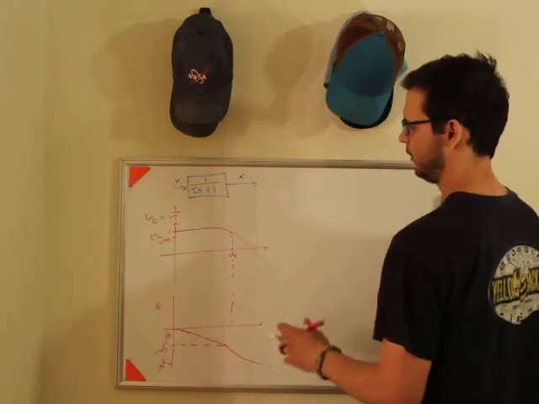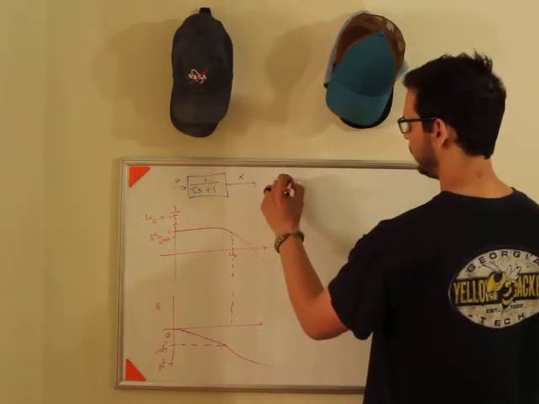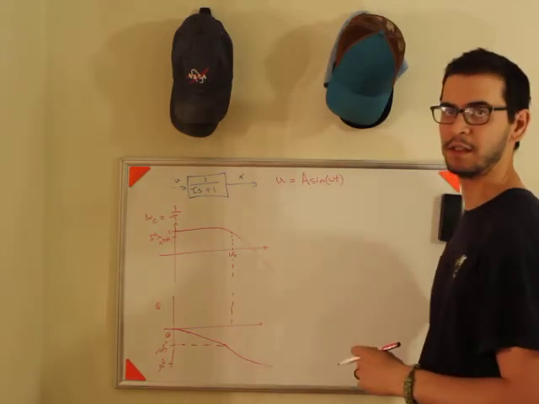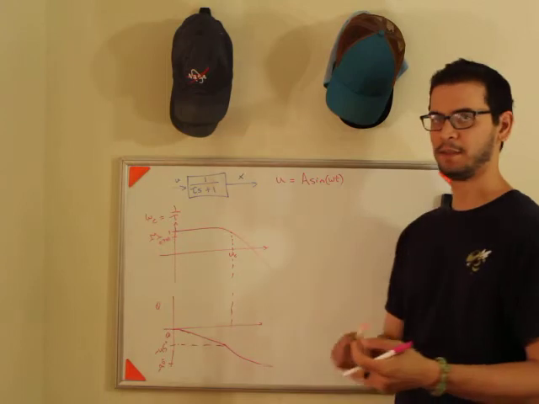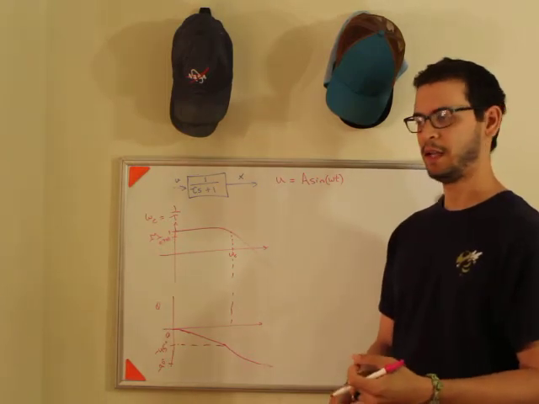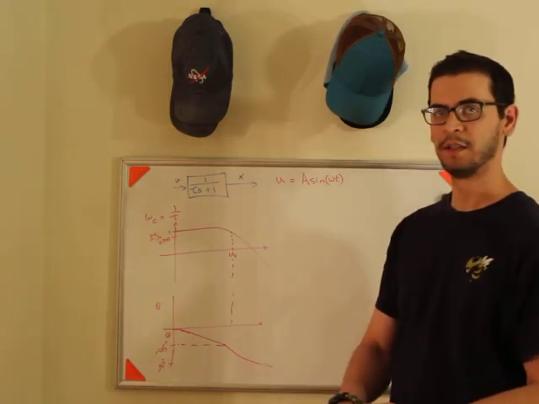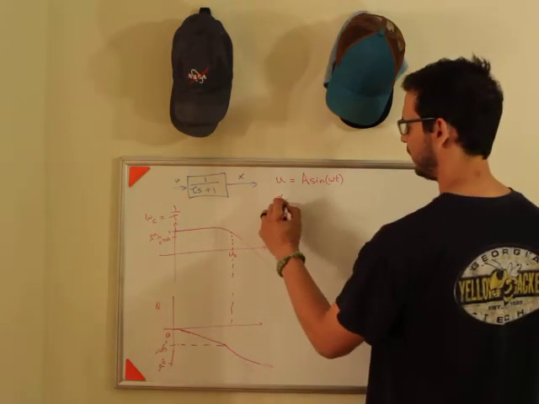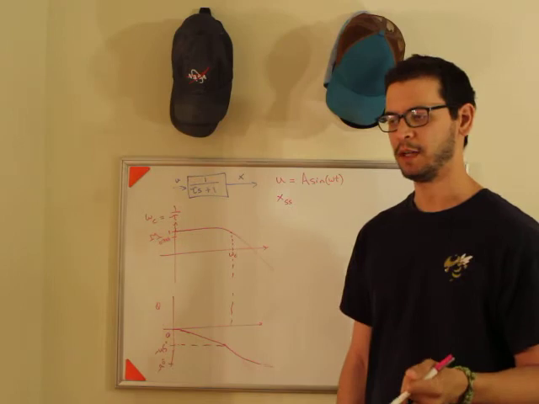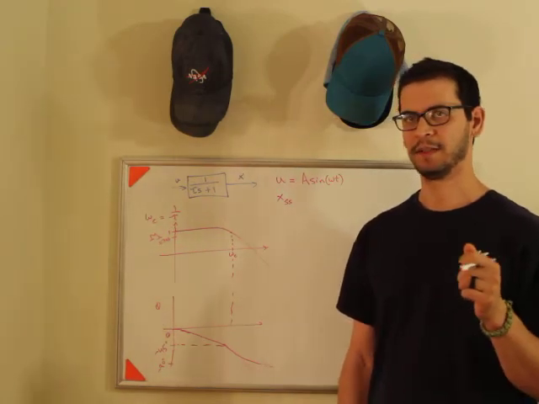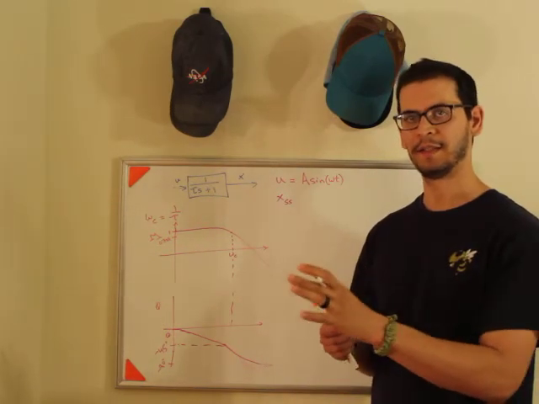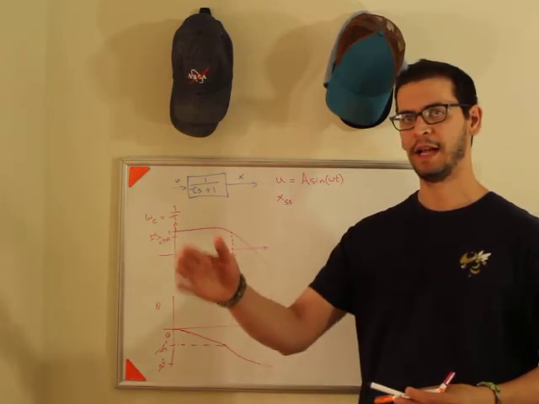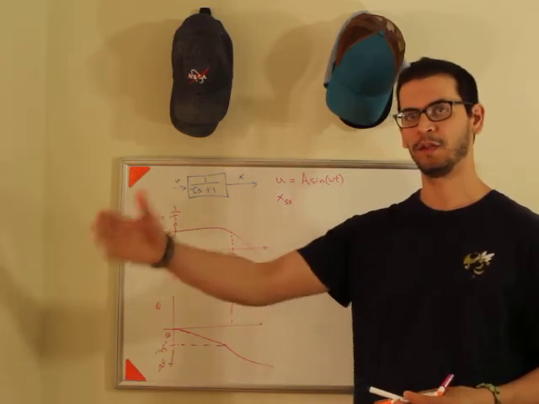What this is telling you is that if U is a sine of omega t, where the input is some sine wave at some frequency, the output X, steady state, and the reason I write steady state is because whenever you hit a dynamic system, you're going to have a homogeneous response and a particular response, or the forced response.